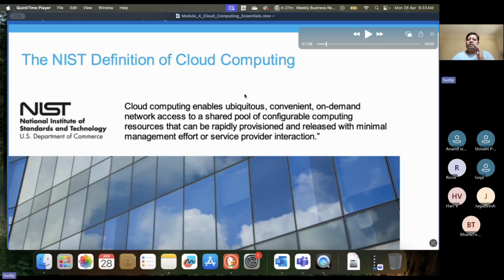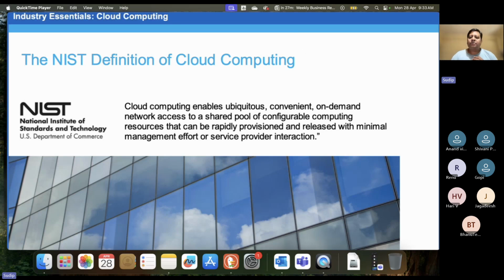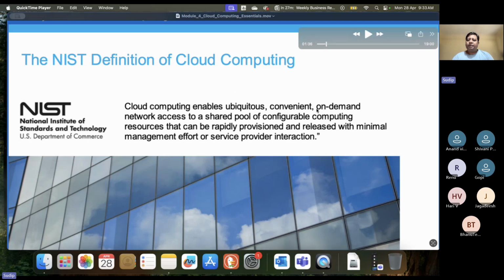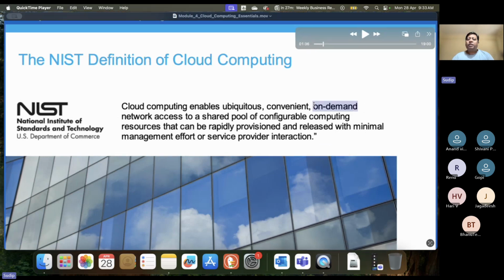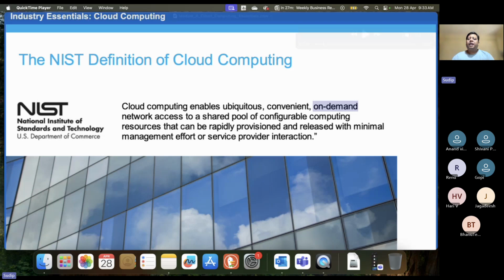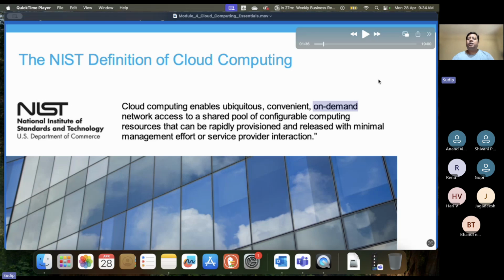You can access it on your phone, on your tab, on your laptop, on your server, and now even on your smartwatch. So it is convenient and it is on demand. Whenever you want it, you can access it. This is how we define and identify the characteristics of any cloud service.